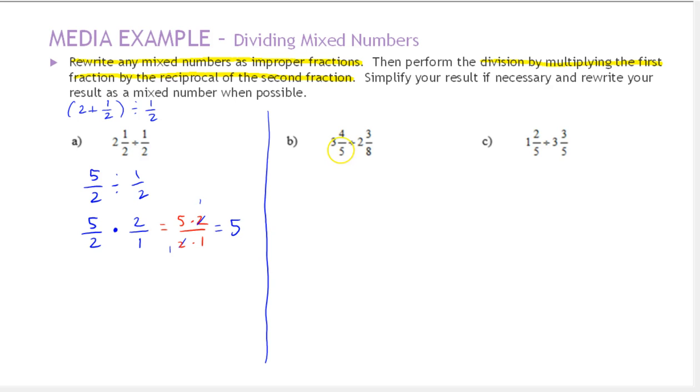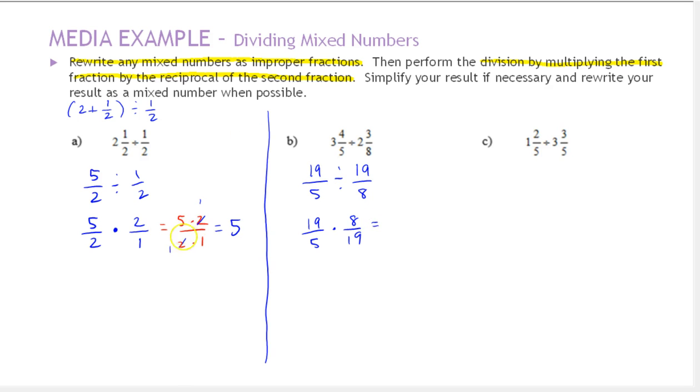So let's start by writing these as improper fractions. 15 plus 4 is 19/5 divided by 8 times 2 is 16 plus 3 is 19, so we have 19/8. Now I'm going to reciprocate the second fraction and change it to multiplication. 19/5 times 8/19.